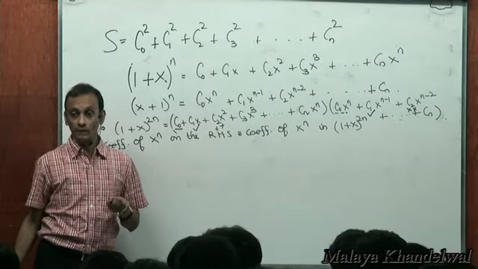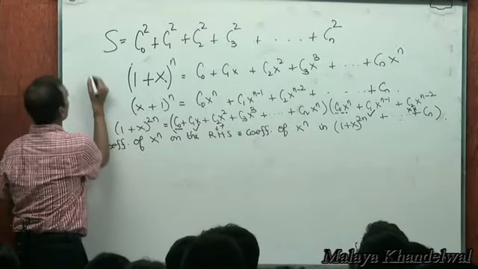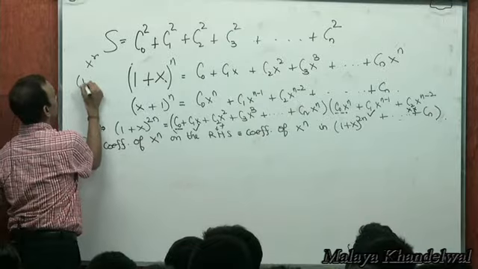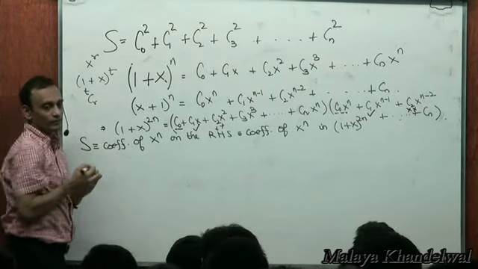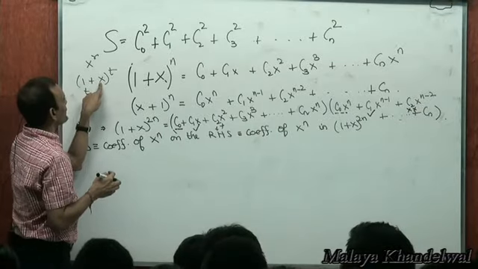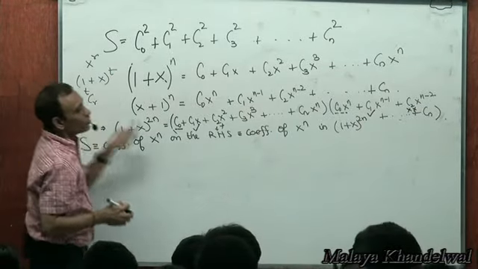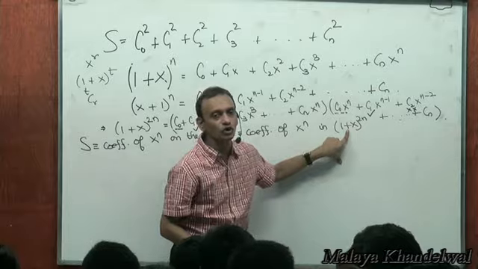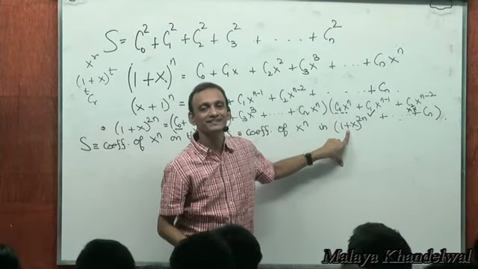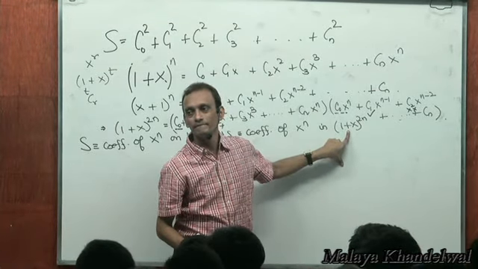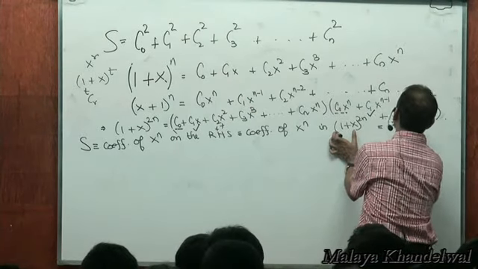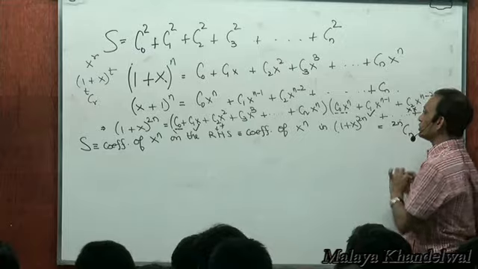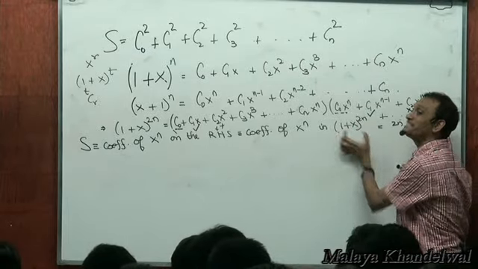Right? I told you the coefficient of x^r in (1+x)^t is going to be tCr. Coefficient of x^r here is going to be 2nCr. Coefficient of x^n here is going to be 2nCn.